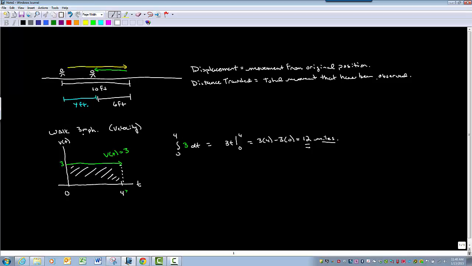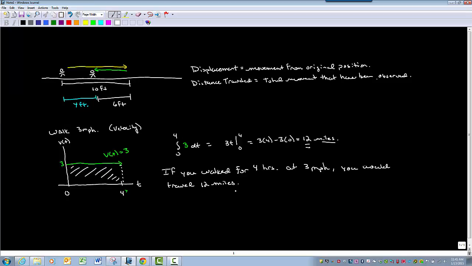So what this is saying is if you walked for 4 hours, okay, at a pace of 3 miles, at a constant velocity of 3 miles per hour, you would travel 12 miles. Okay, it's that easy.